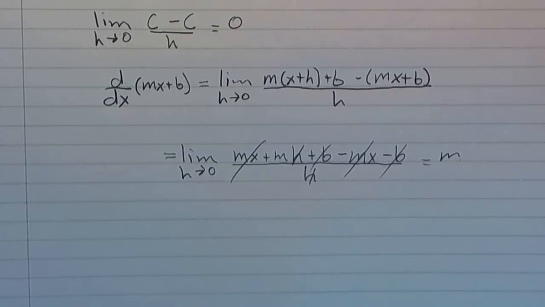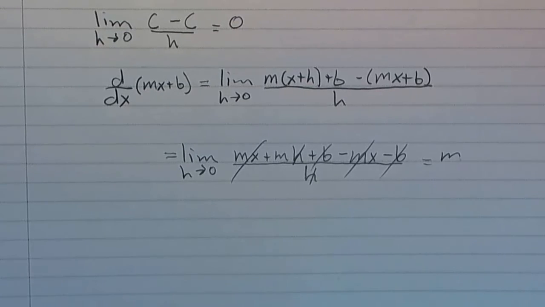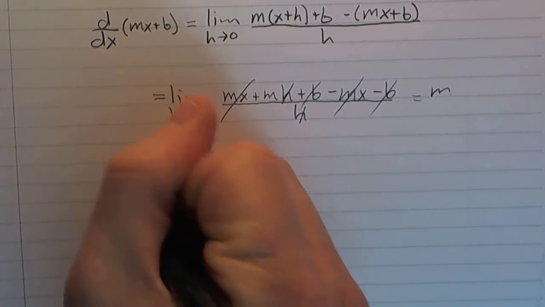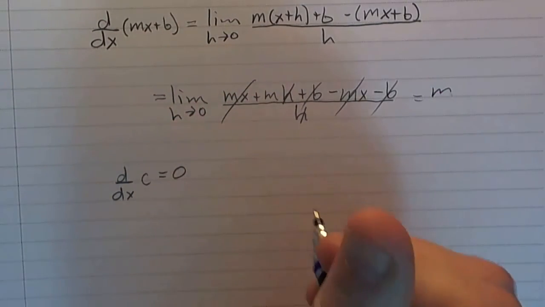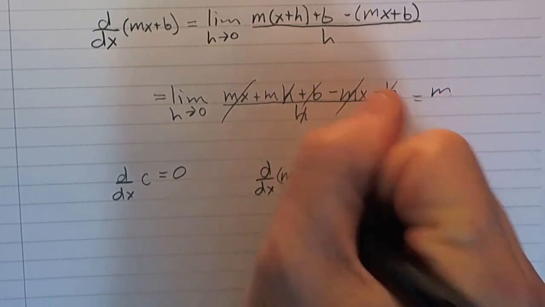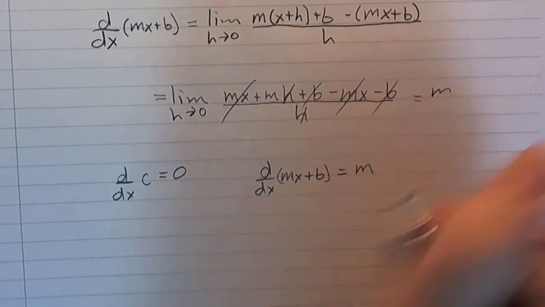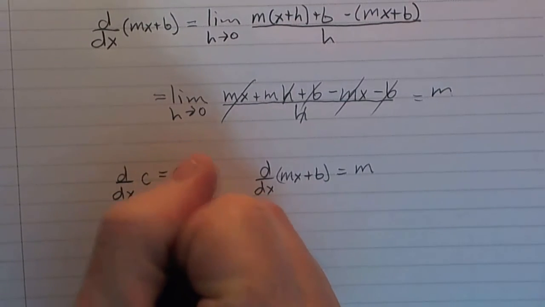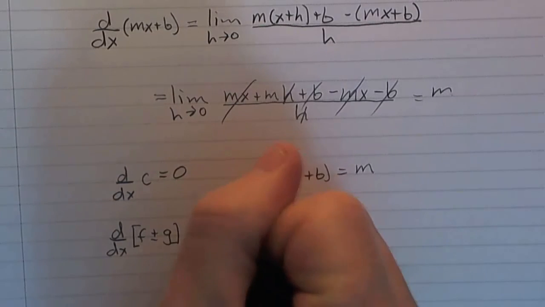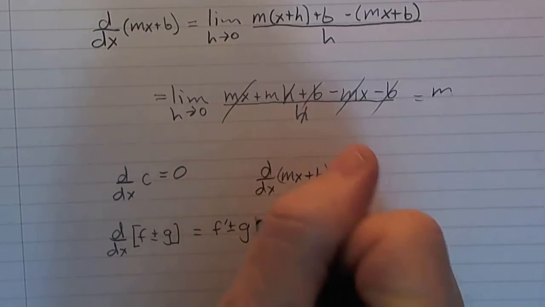So there we have some basic properties that enable us to facilitate when we're trying to actually find a derivative. These properties will help us out. So just in summary, let's see what we've got here. We've got the derivative of a constant is 0. The derivative of a line is just the slope. The derivative of a sum, f plus or minus g, is just going to be f prime plus or minus g prime.